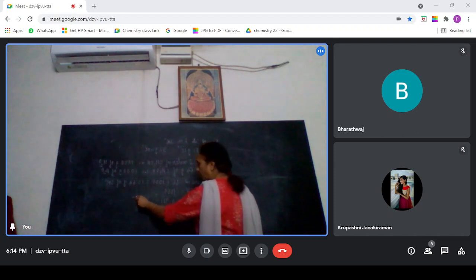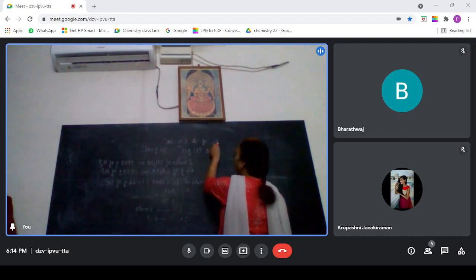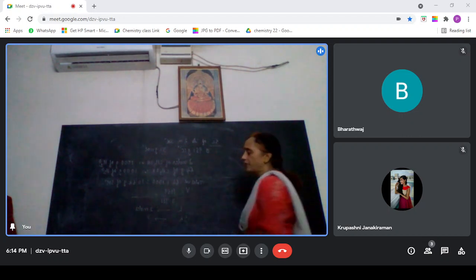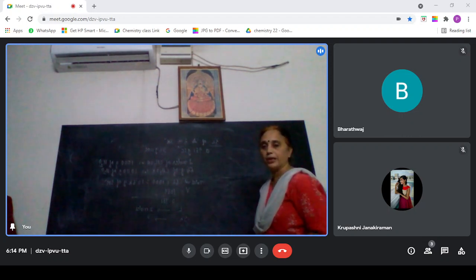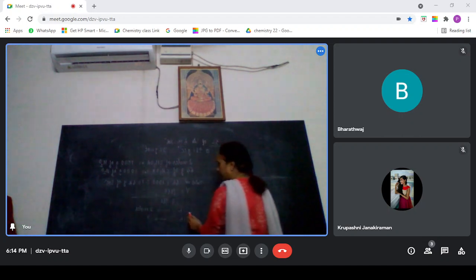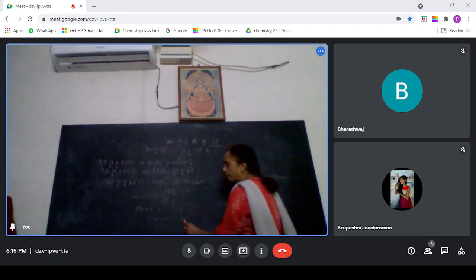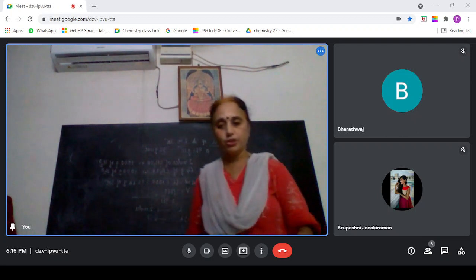Why do you need it in volume? Because they have asked in 5 liter, 5000 cc. You can put it in cc or liter, anything. So many liters contains 2 moles. 5 liter will contain how much? Do it.